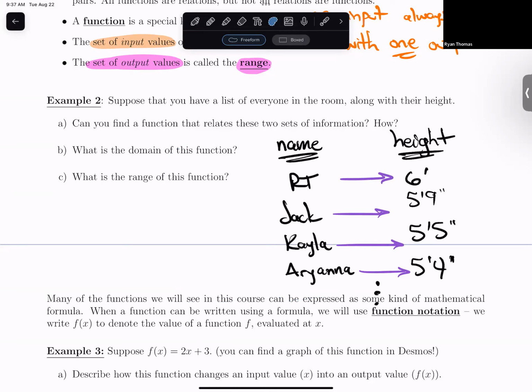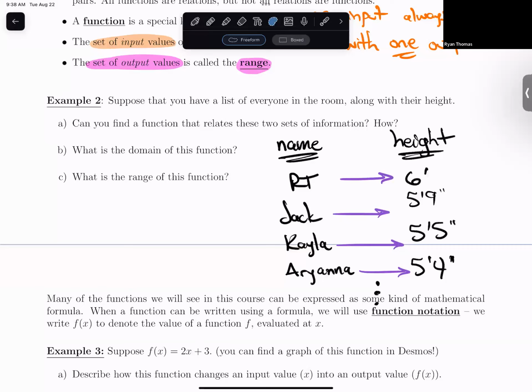What would be a problem? What's a function supposed to do? Relate things in such a way that, what happens? One thing pairs with one thing. One input pairs with one output. The question you ask has one answer, not multiple answers.